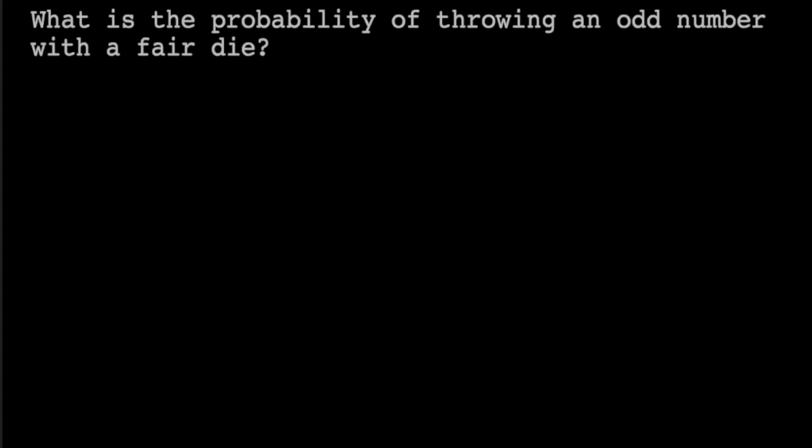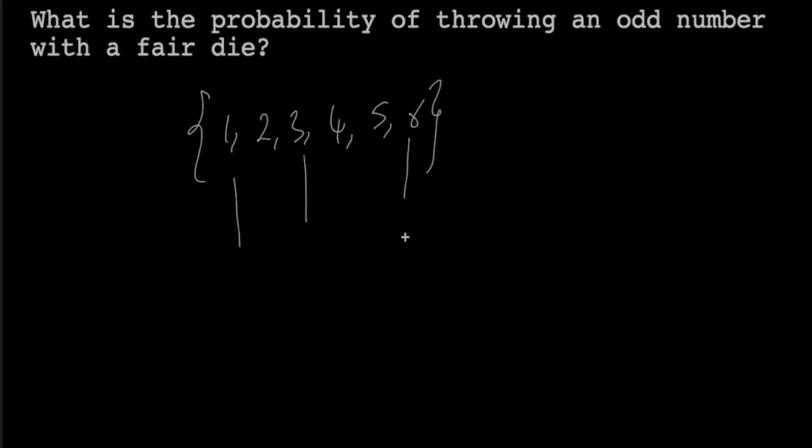What is the probability of throwing an odd number with a fair die? Possible outcomes. How many odd? 1, 2, 3. These are the group of odd. These are the even. So it's a battle between odd and what? Even.